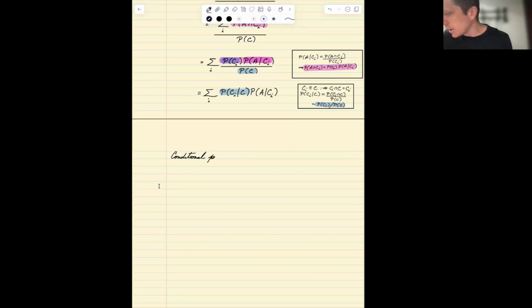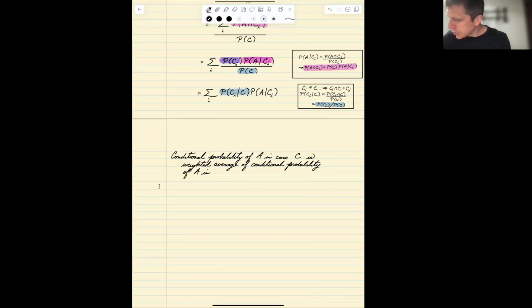We interpret this as saying that the conditional probability of A in case C is a weighted average of the conditional probability of A in each subcase.